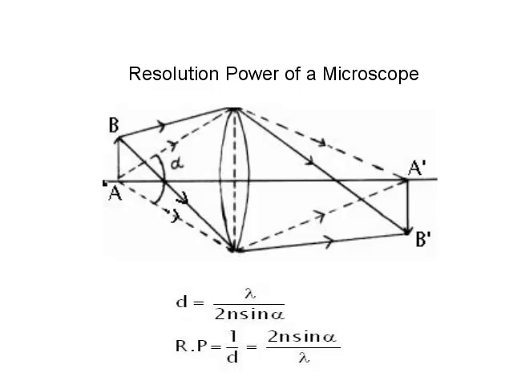Hence, the resolving power, which is reciprocal of d, is 2n sin alpha upon lambda, where lambda is the wavelength of the light reflected by the object, n is the refractive index of the material of the objective with respect to the medium from which the incident rays are entering into the objective. 2n sin alpha is known as numerical aperture. It can be seen from the formula that as lambda decreases, the resolving power of the microscope increases.